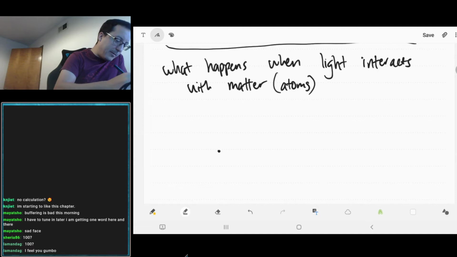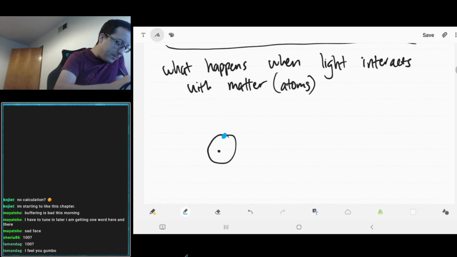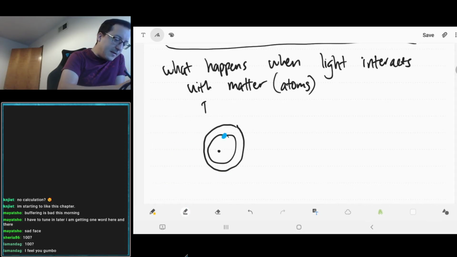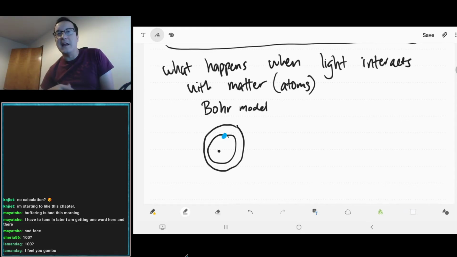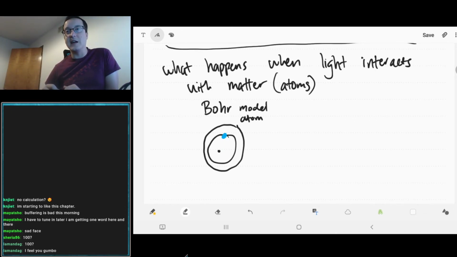So you probably remember, I'm going to draw what you may have seen before. This is what's called the Bohr model of an atom. It's one that's easy for us to understand. We are going to learn another model that's a lot more abstract, but you probably remember this, right? You have a nucleus, you have some rings outside which represent the orbitals, and you have electrons occupying those rings.